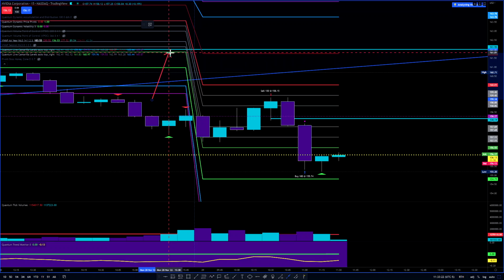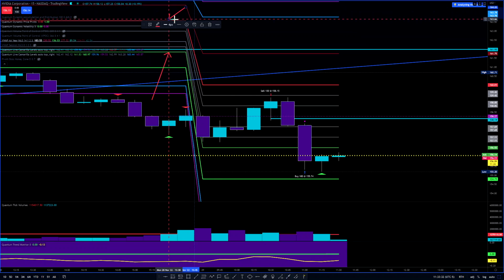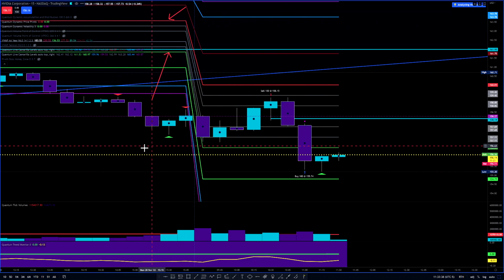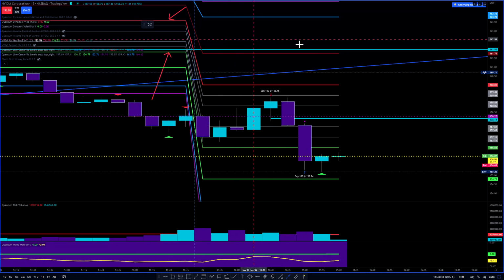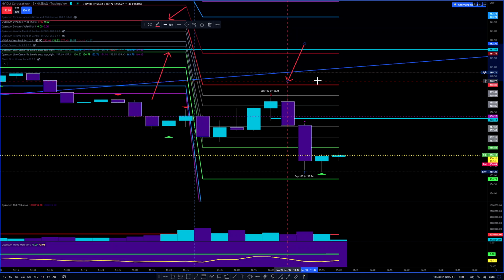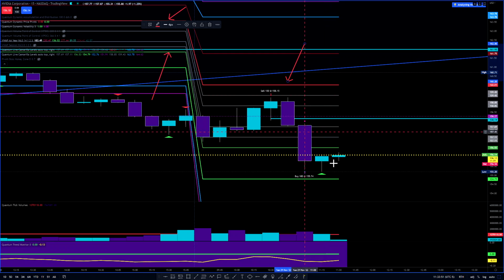Yesterday S3 was here at approximately 161.85. R3 was here at, let's see, approximately 163.56, and now we have a completely lower value day, with R3 being right here at approximately 160.03.